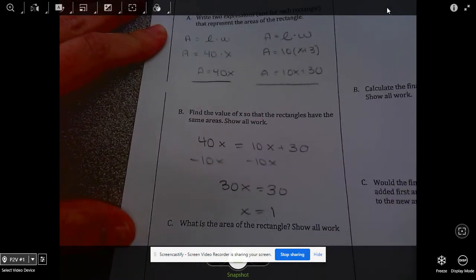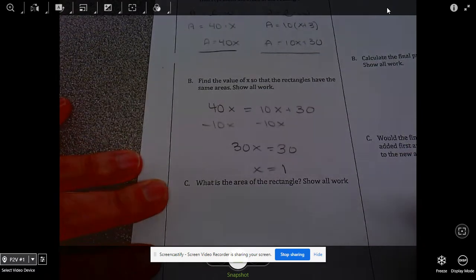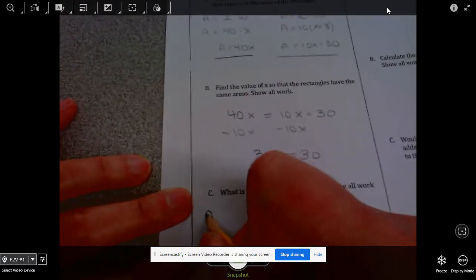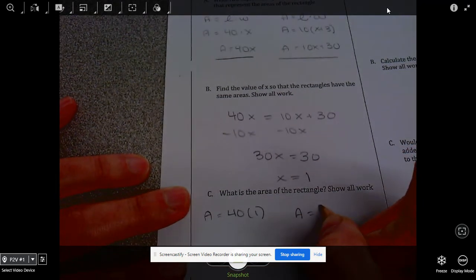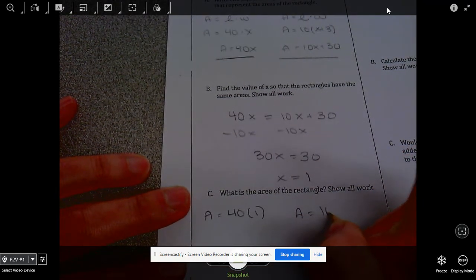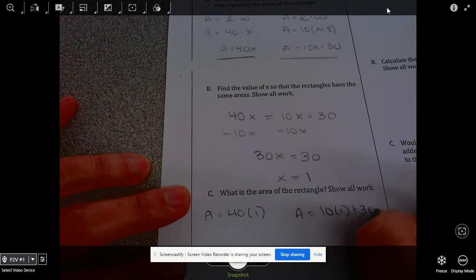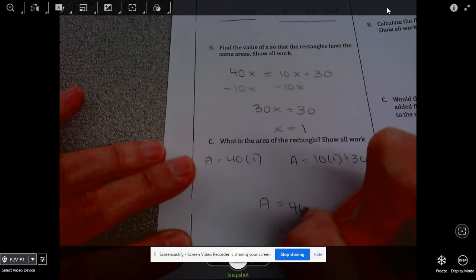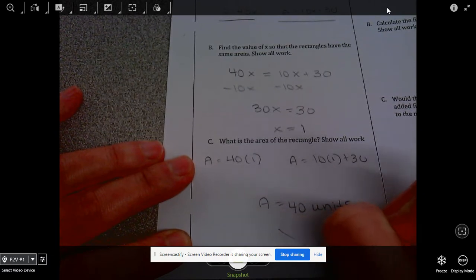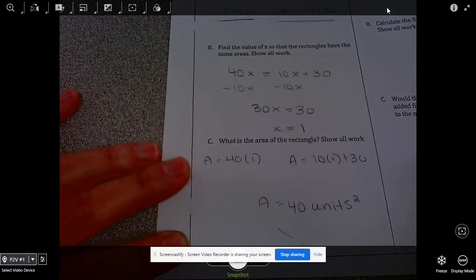Now it says, what is the area of the rectangle? Well, they'll be the same when it's 1, and then what would that area be? So you could substitute it into either one or both. If I put 1 into one rectangle and I put 1 into the other, what's their area? I should get for both 40 units squared. I don't know if this is centimeters or feet or what, so I'm just going to call it units.